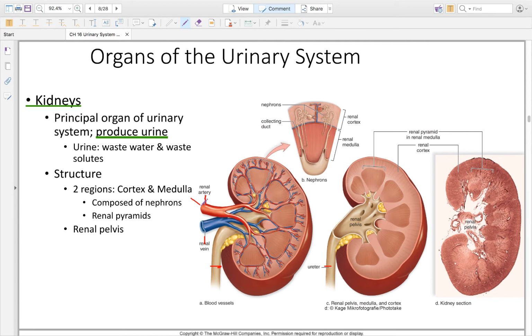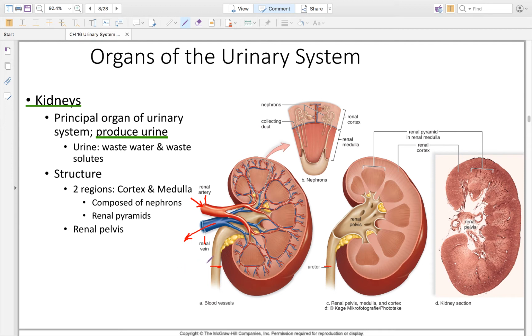They're carrying oxygenated blood into the system. This is a huge artery, and its job is to join with the arterial system and supply the kidney with fresh oxygen and nutrients, and the renal vein is going to take away the waste products and the CO2.